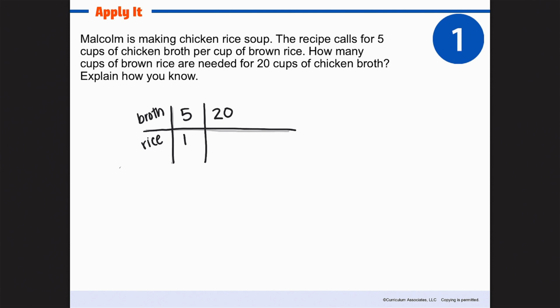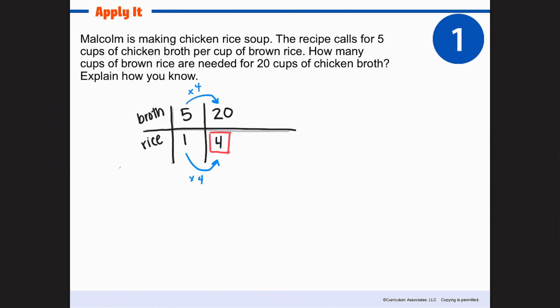So what I need to do here is I need to find out how many times does 5 go into 20? And then I can apply that same principle down here. So I know that this is going to go by 4 and by 4, right? So I would need 4 cups of rice to make that 20 cups of chicken broth, okay?